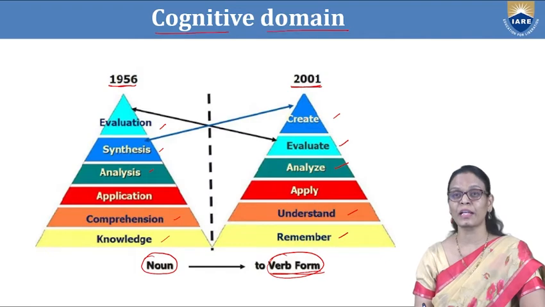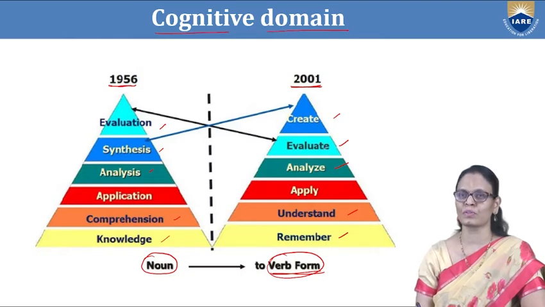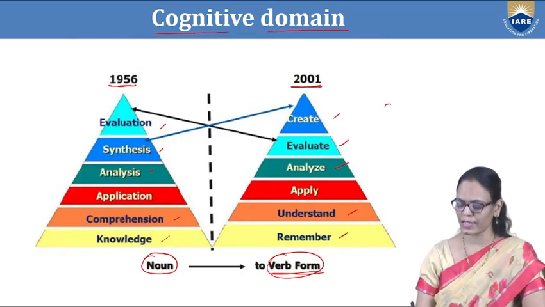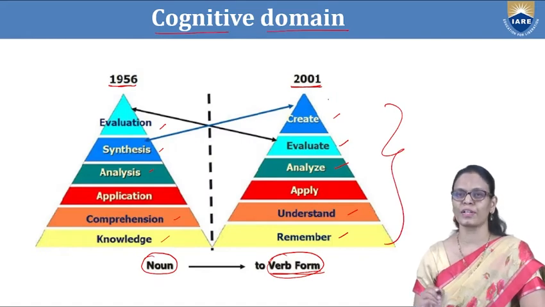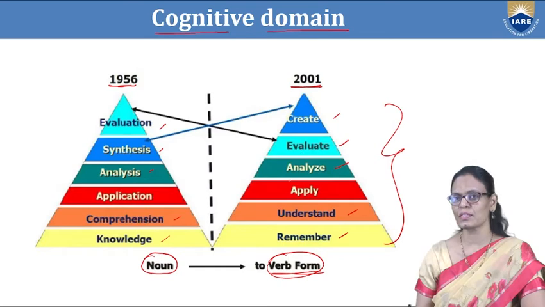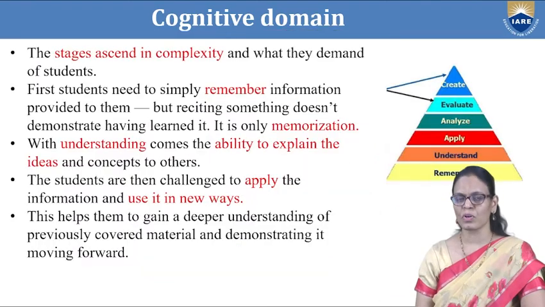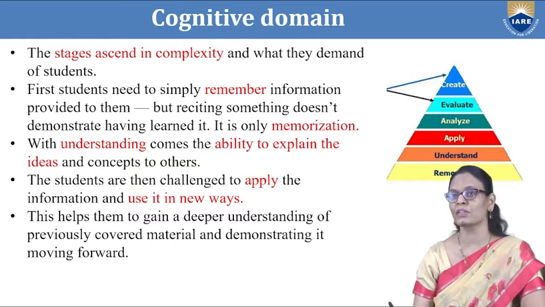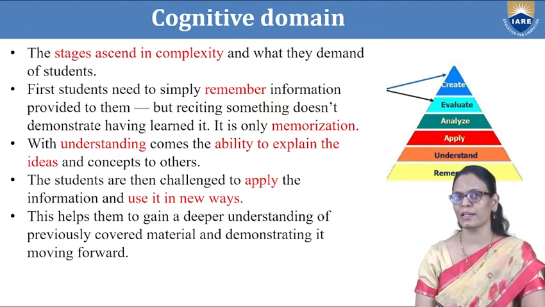Synthesis becomes create and goes to the topmost level, and evaluation comes one notch below create. So this is the taxonomy we are following right now. Let us briefly discuss it. The stages we are talking about ascend in complexity. The verb form itself tells you how the complexity is increasing.